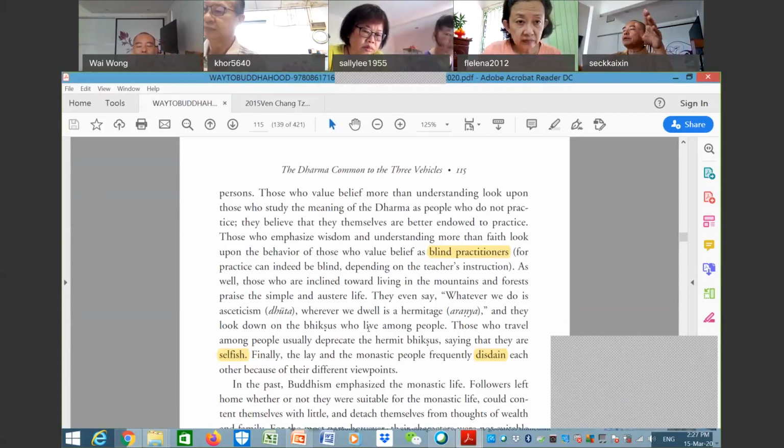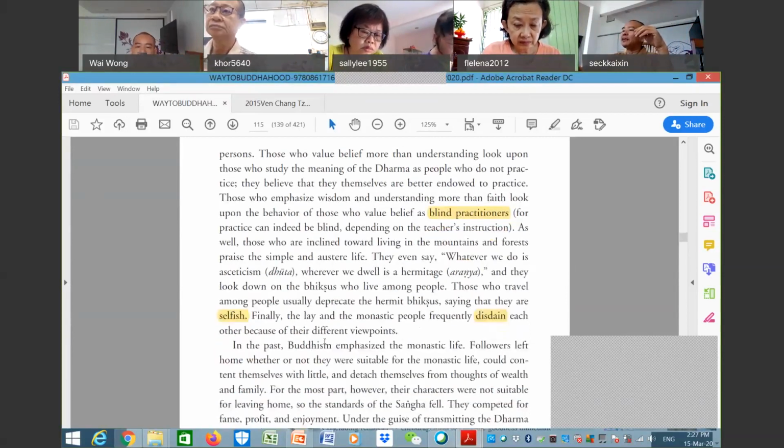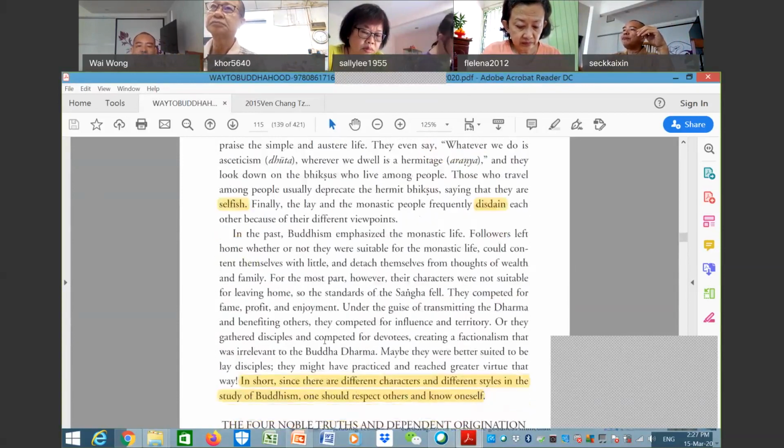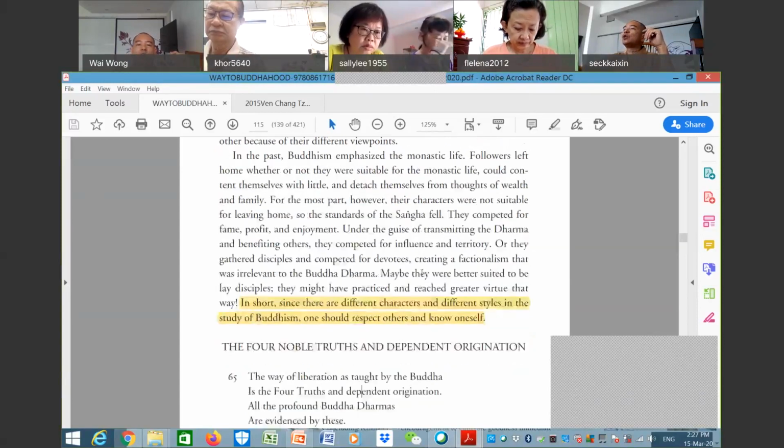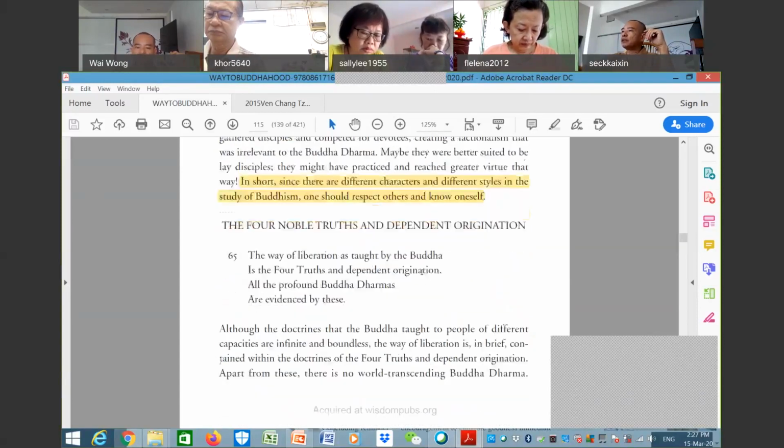The faith-type people may criticize the wisdom-type people as over-studying, over-academic and scholastic. This is what is happening now. We will try to avoid this. In short, since there are different characters and different styles in the study of Buddhism, one should respect each other and know oneself. Now we go to the 4 noble truths and dependent origination.